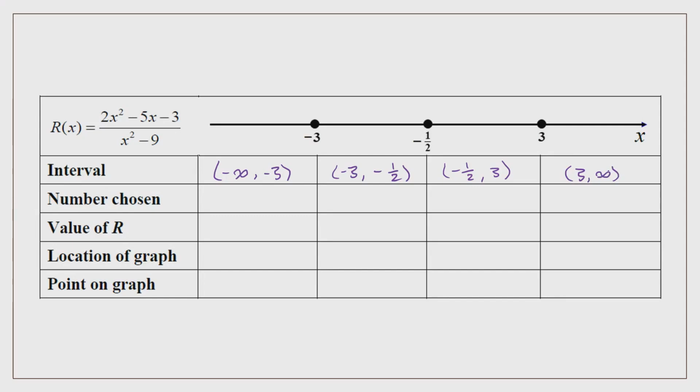The numbers I have chosen are -4, -2, 2, and 7. So I'm going to evaluate r at each of these 4 points. So let's set that up.